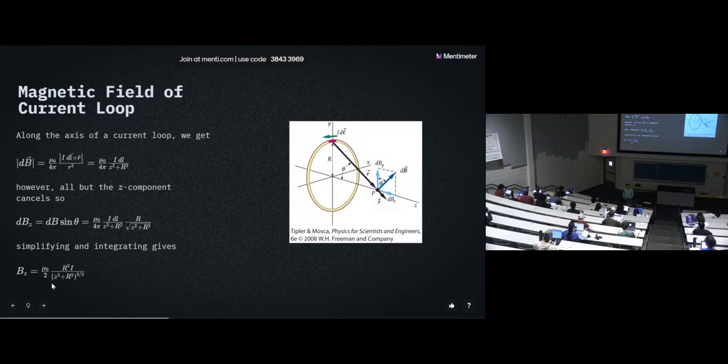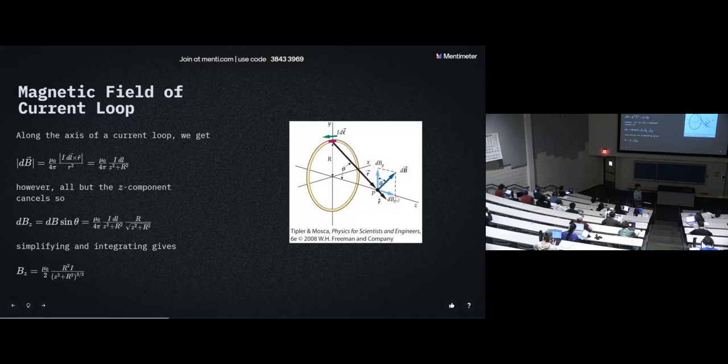And the reason that I say that B is only pointed in the z direction is that if you imagine that dB is pointed up and to the right along the z-axis, just from this single amount of current, there is a symmetrical piece of current down here on the bottom side of the loop where the magnetic field will be pointed down and to the right, and all of the components except those that lie on the z-axis are going to cancel out.